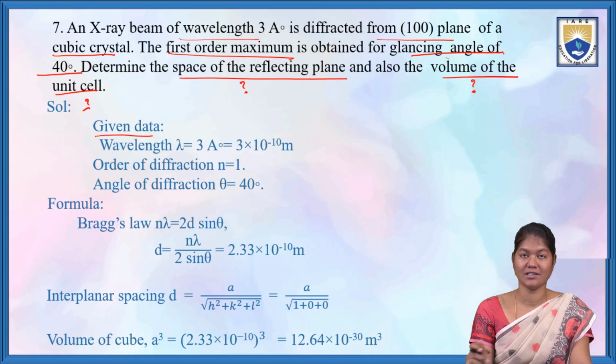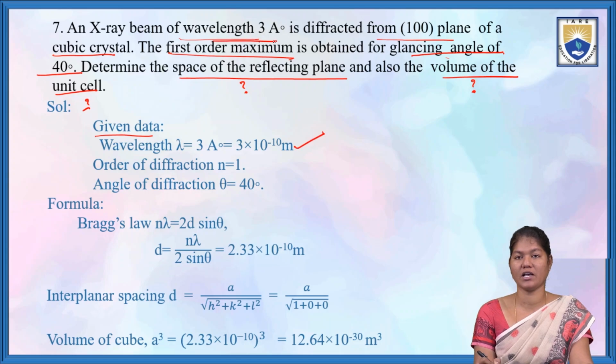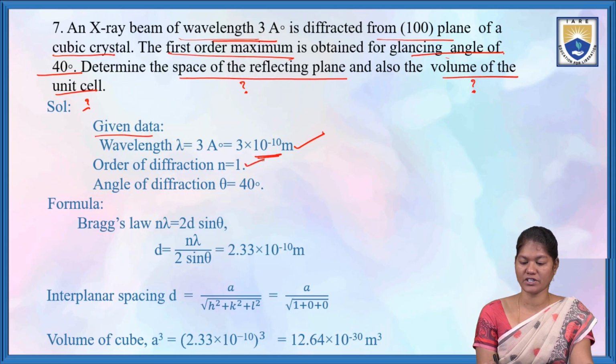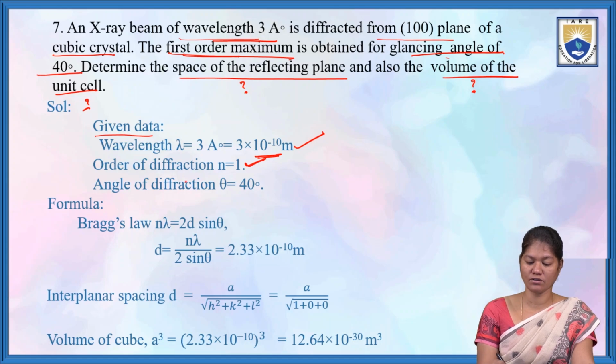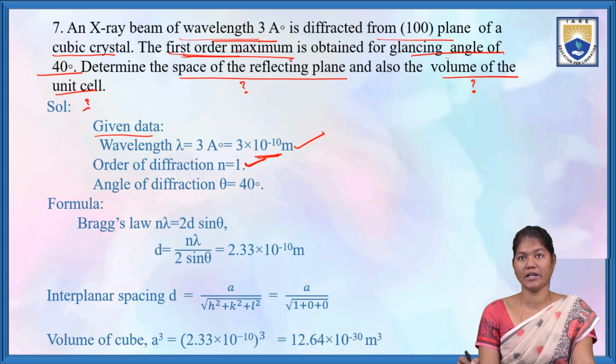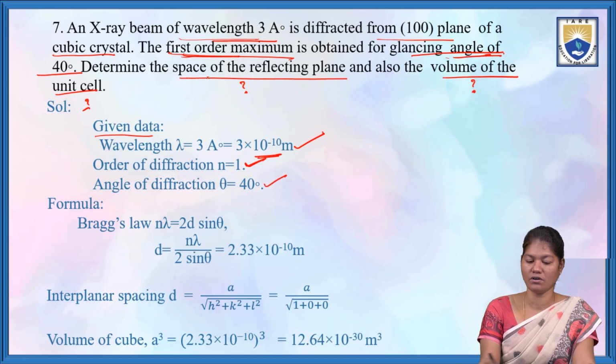Let's write the given data. The wavelength of X-ray lambda is equal to 3 angstroms, so 3 into 10 power minus 10 meters. The order of diffraction is first order, so n is equal to 1. The angle of diffraction theta is equal to 40 degrees.